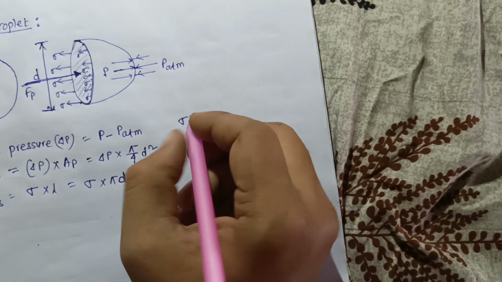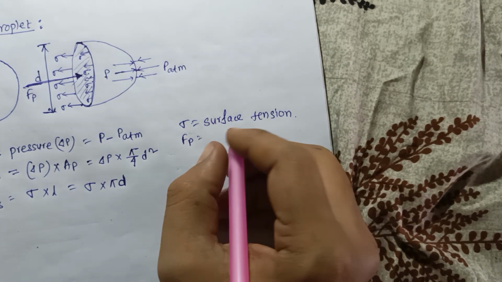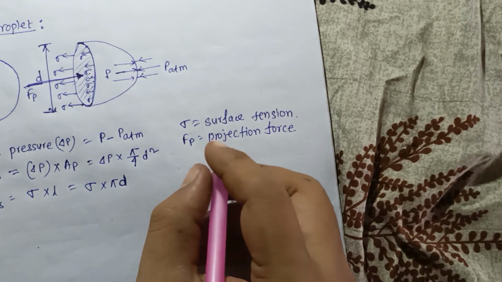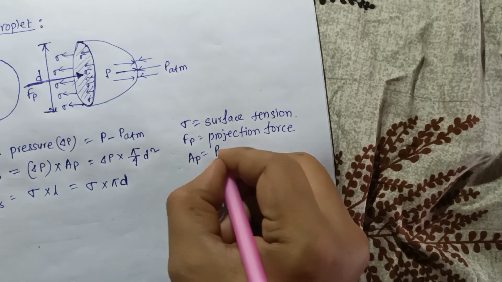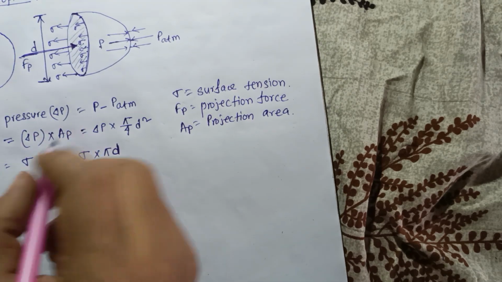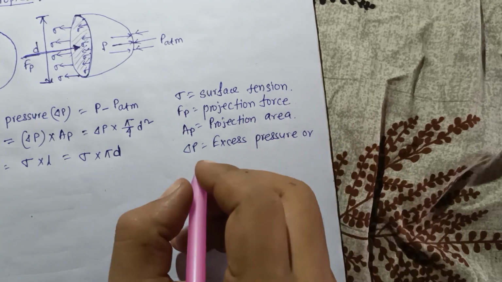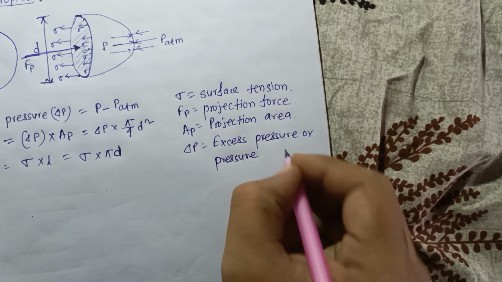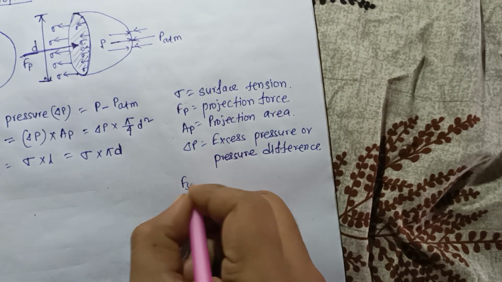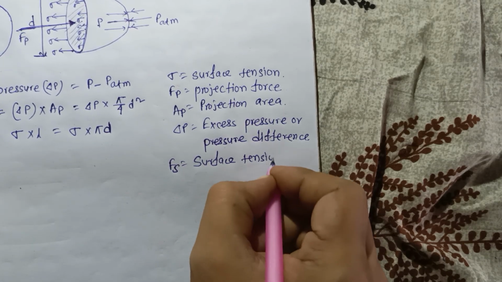Here sigma is the surface tension, Fp is the pressure force, Ap is the projected area, delta P is the excess pressure, or you can say pressure difference, and Fs is the surface tension force.